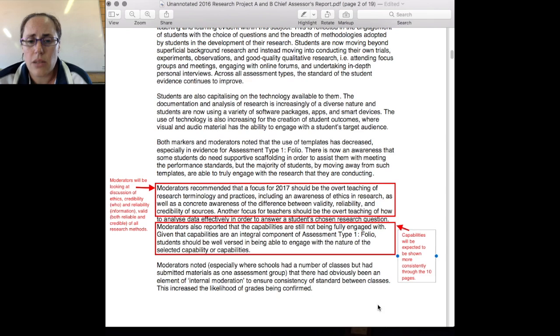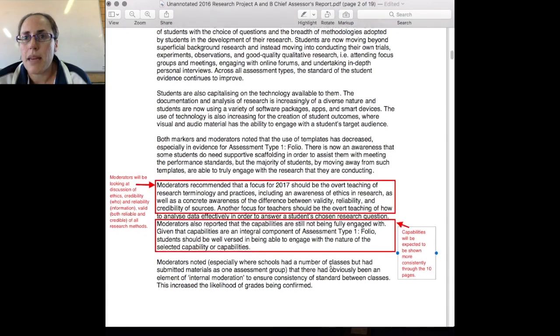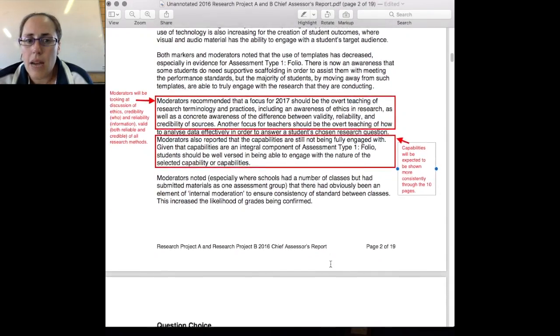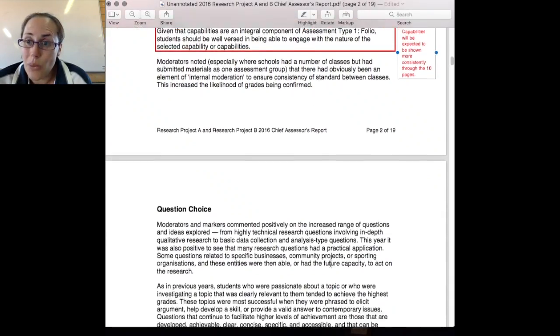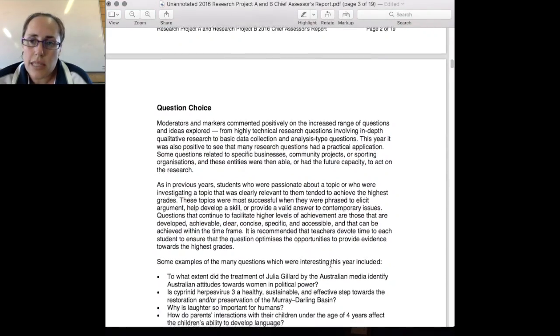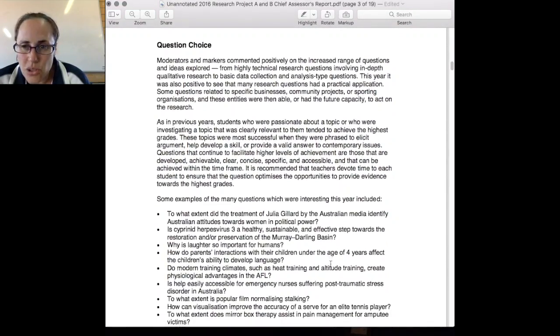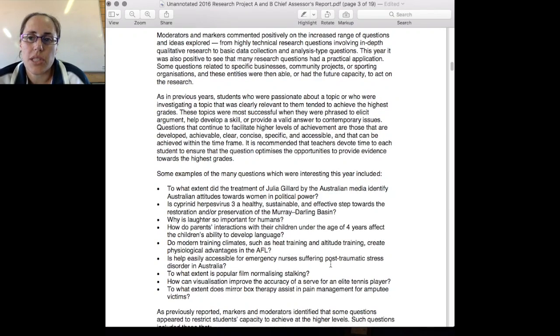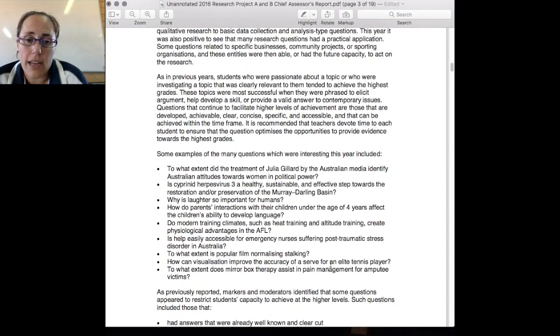If we scroll down a little bit, this is just a little bit slow, what is being shown is about the question choice. Question choice is dependent on what you want to research. However, they've got a list of things that people did quite well last year. They've also said what students didn't do quite so well with, or the types of questions that didn't lead to high grades.